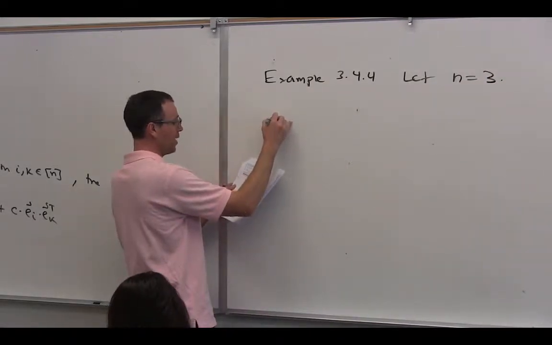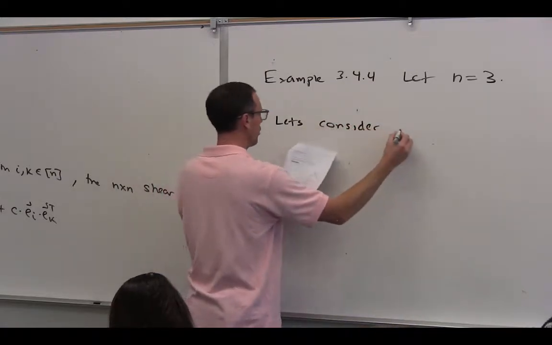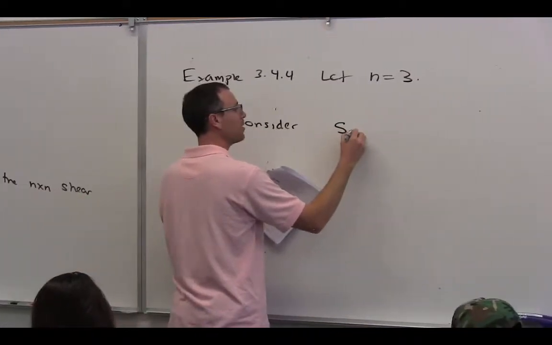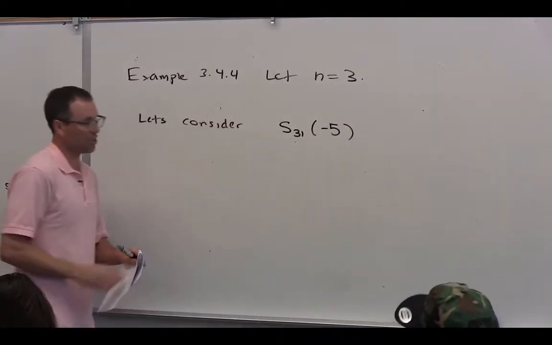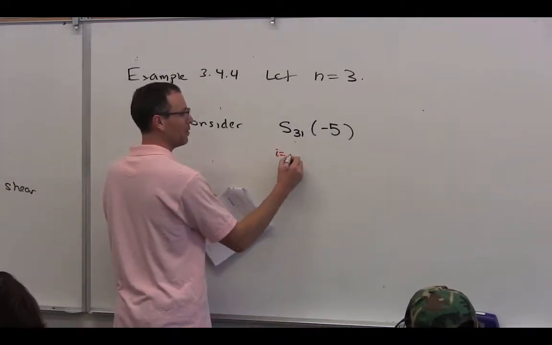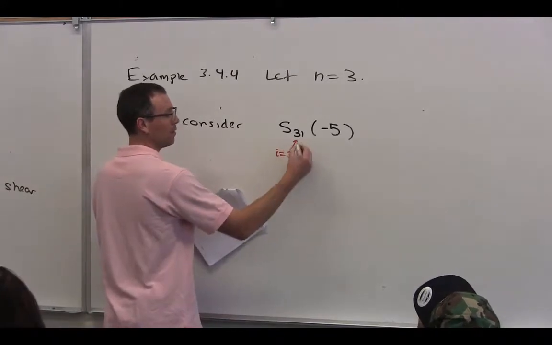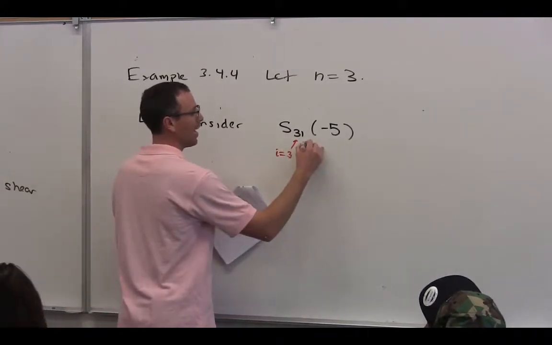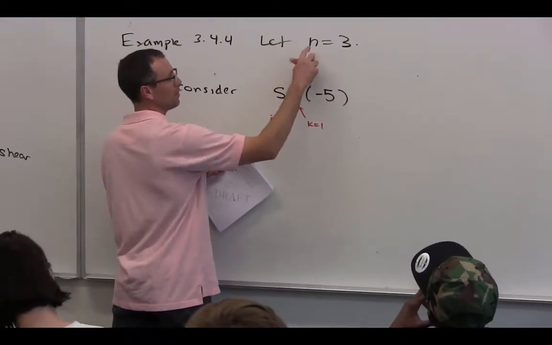In this case, we'll do a few of these actually. S_31 of -5. So just a quick question: what is i here? 3. What's k? What's n? Yeah, n is 3.